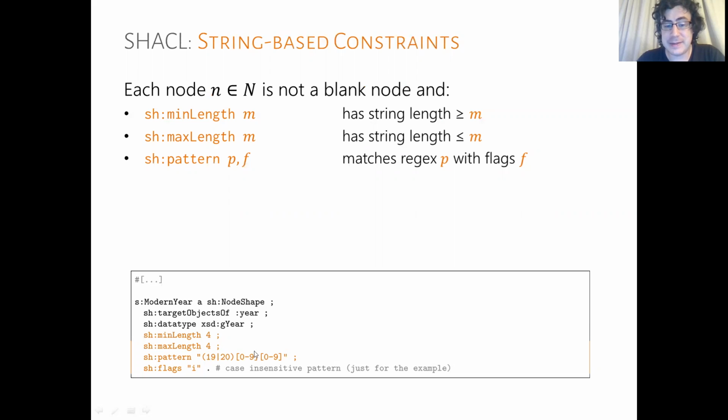And that they satisfy this pattern, this regular expression, which is it starts 19 or 20, followed by any number, followed by any number. So a year from 1900 on to 2099. And we have a flag here to indicate case insensitivity, which is absolutely useless in this example, but I just wanted to show how the syntax looks, how you would write it down.